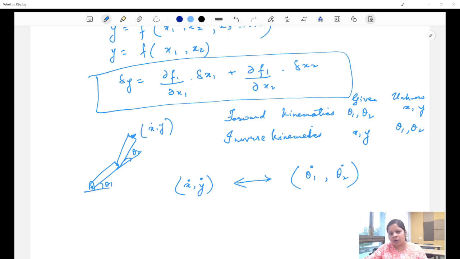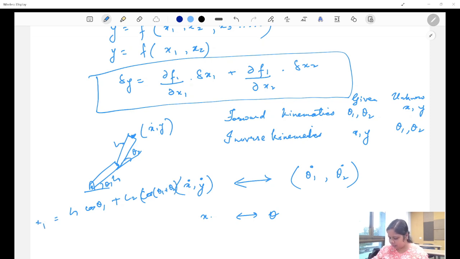But how would that translate to the joint velocities? We already have a relation between x and theta: x is equal to L1 cos theta 1 plus L2 cos of theta 1 plus theta 2, where L1 and L2 are the link lengths. This is your x.